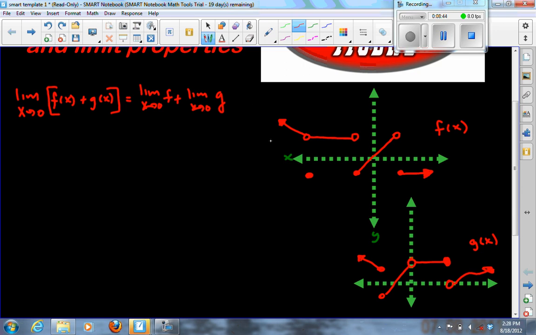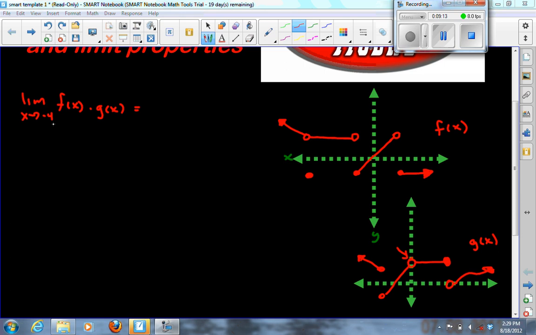So over here, the limit of this function as x approaches 0, that's right here. My y values look like they're approaching 0. This is a 0 plus the g function as x approaches 0. Here's where x is 0. So right here, as x approaches 0, my y values look like they're approaching maybe like 2. So we'll just say that's a 2. So the answer to all this is 2.